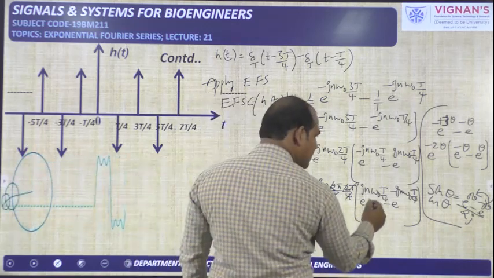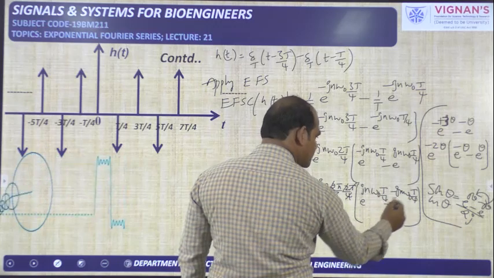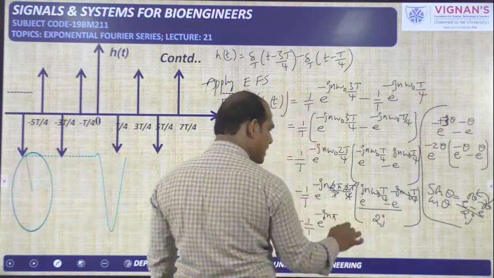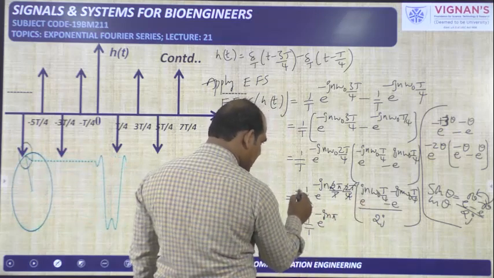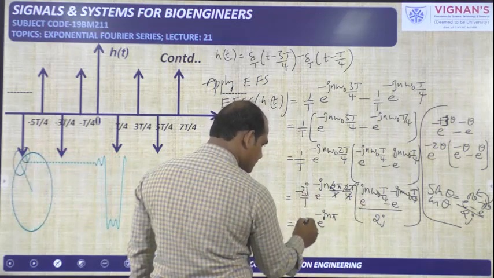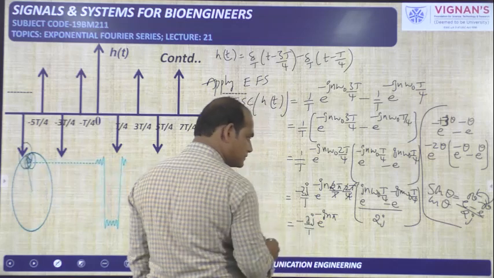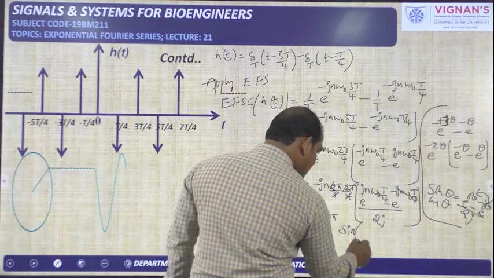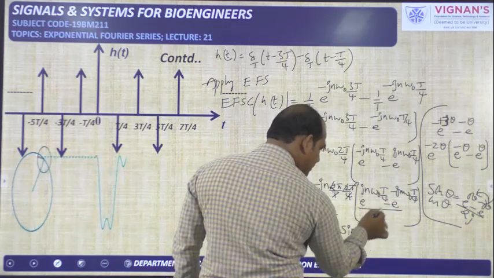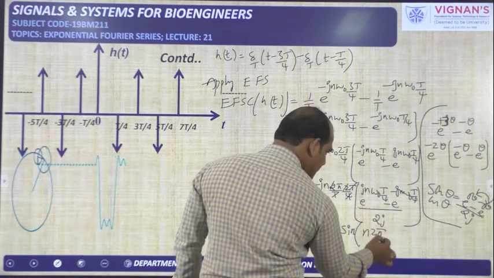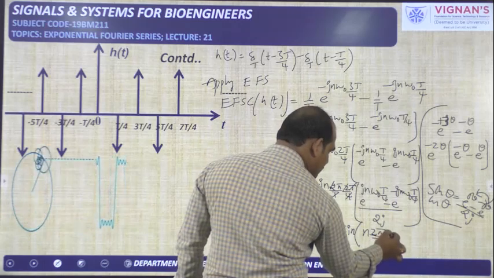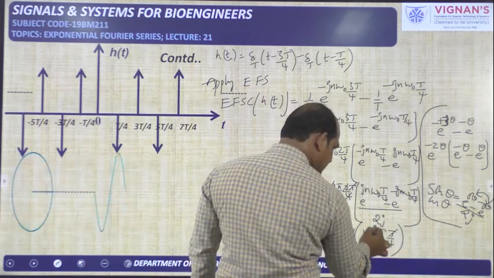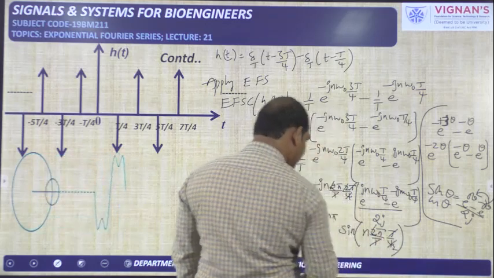And here it is in the form of e power j theta minus e power minus j theta. If you have 2j here, we can write this one as sin theta. So in order to cancel that 2j, I am writing in the numerator 2j. Now this entire thing can be written as sin of n omega naught into t by 4. That omega naught I am writing as 2 pi by t into t by 4. Okay, so t and t will be cancelled. These 2s are like this.